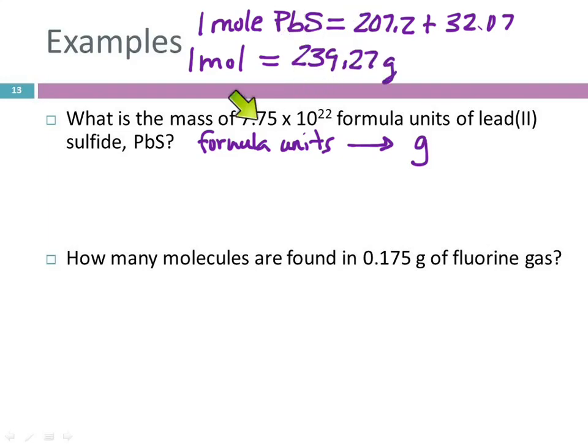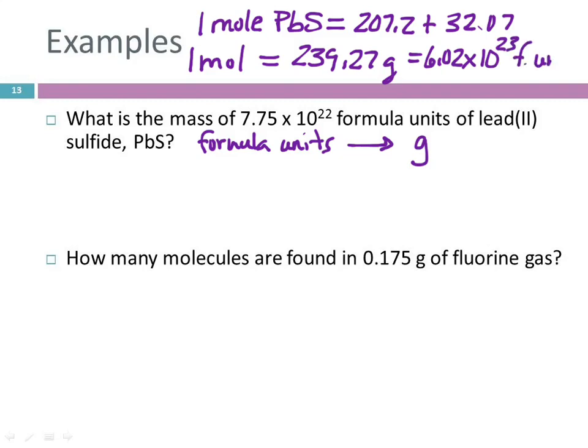Now, does this let us convert from formula units to grams? No, this is moles and grams, right? But what does a mole equal in terms of formula units? 6.02 times 10 to the 23rd formula units, right? So mole is a counting number. So this is equal to Avogadro's number.